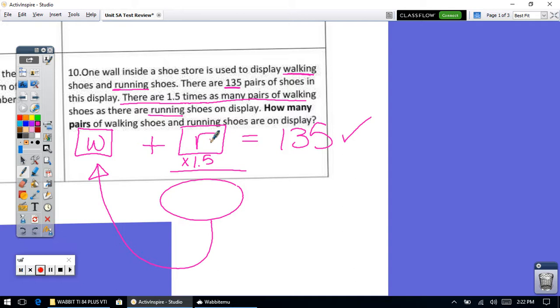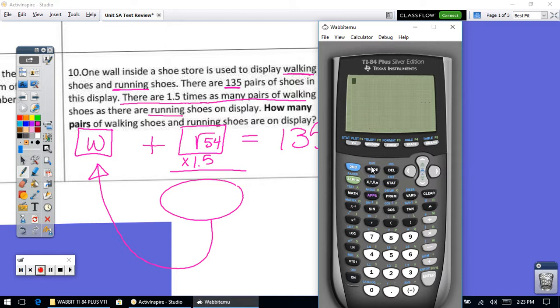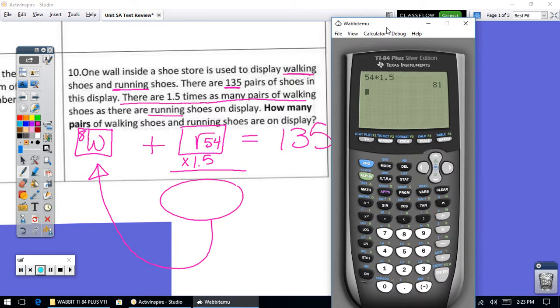So we're going to take 54, multiply that times 1.5, so 54 times 1.5, and we get 81. So let's see if 54 and 81, when we add those together, does it equal 135?